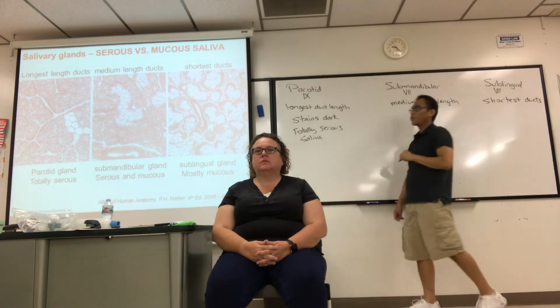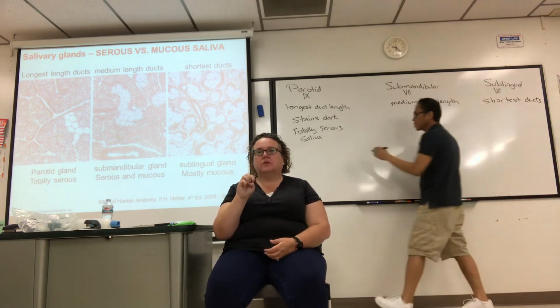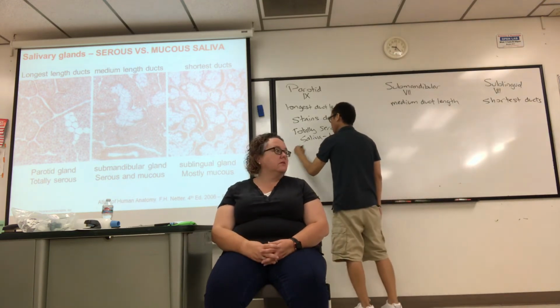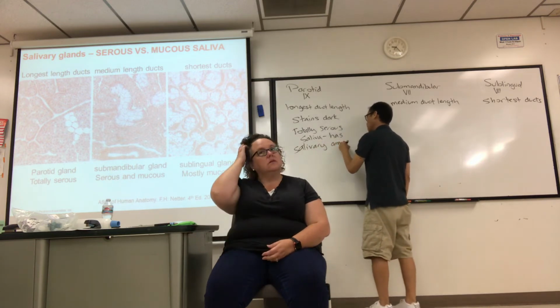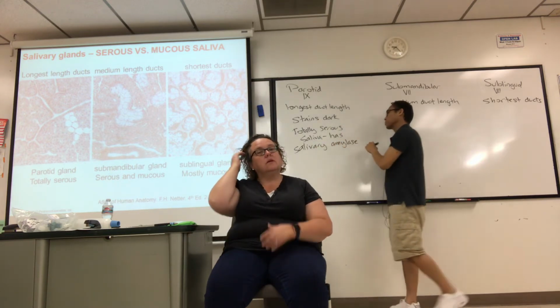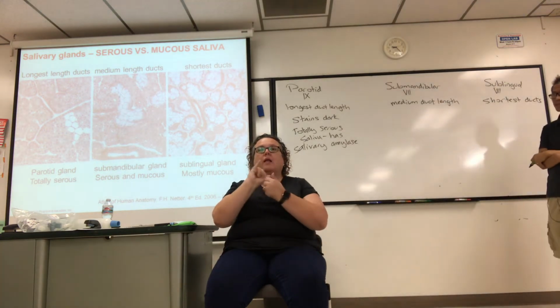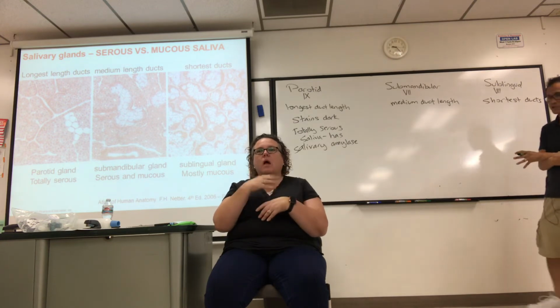The watery saliva will have the enzyme, like I said, salivary amylase. Serous saliva has salivary amylase, which helps break down starch. If you chew a mouthful of plain white rice, it eventually starts to taste sweet, because you're breaking down the starches into simple sugars.